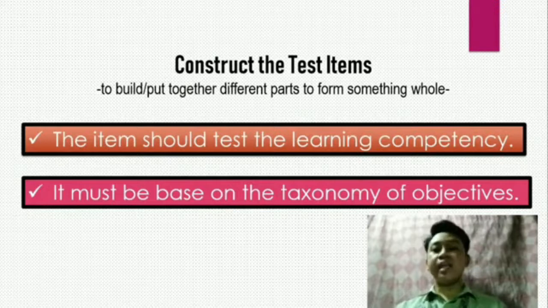Next, the second guideline in constructing the test items: it must be based on the taxonomy of objectives. Again, it must be based on the taxonomy of objectives. That is why I asked you to answer the 6 stages of Bloom's taxonomy, because it is connected to this second guideline. The cognitive level of the test questions should match your learning objectives or desired learning outcomes to test the learning competency of your students.